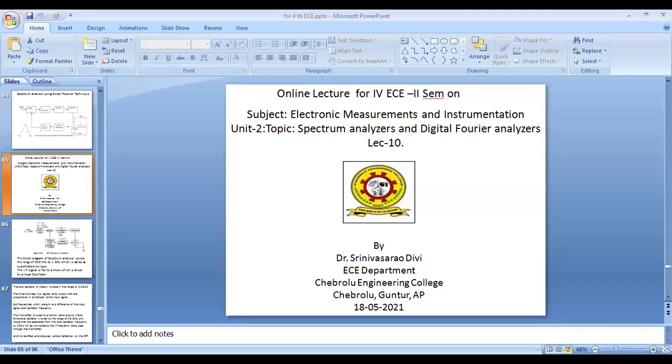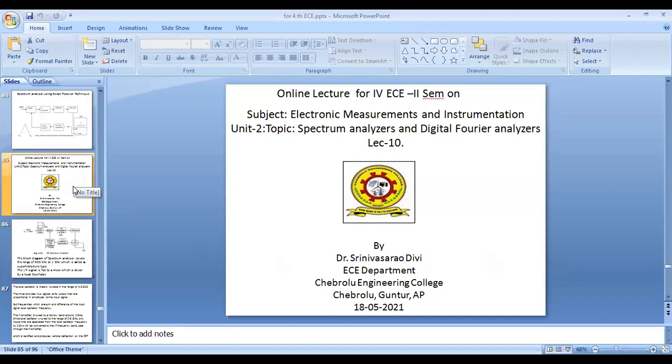On the x-axis it shows the frequency, and on the y-axis it shows the amplitude of the particular frequency signal. The spectrum analyzer shows the output in the form of lines, in the form of a spectrum.